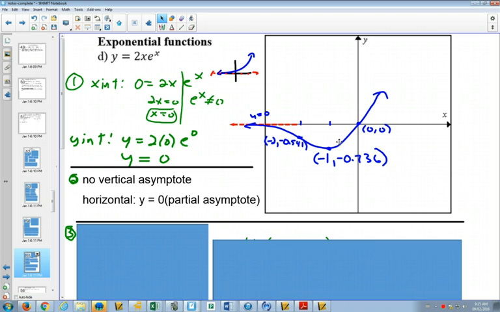That's what's happening in this case. The 0 is more 0 than infinity because e to the x, as x gets big, gets to 0 faster than 2x gets to negative infinity. That's the rough overall thing that's happening.